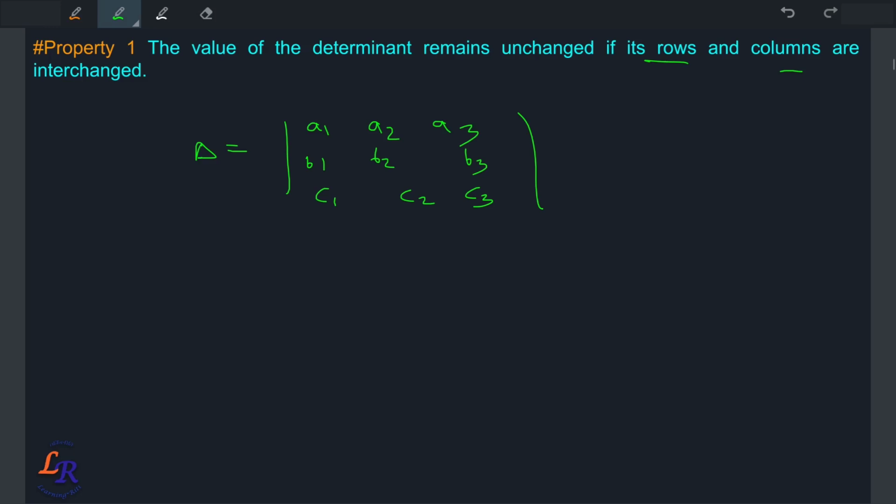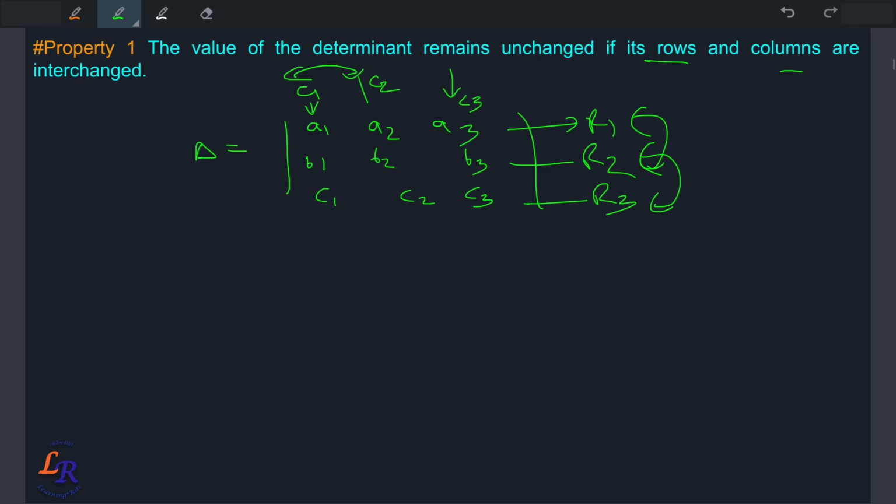The statement says that if any row or column is interchanged, for example, this is your column C1, this is column C2, this is column C3, and this is row 1, row 2, and row 3, then interchanging row 2 with row 3, or row 1 with row 2, or C1 with C2, or C2 with C3, the value will not change; the determinant will remain the same.